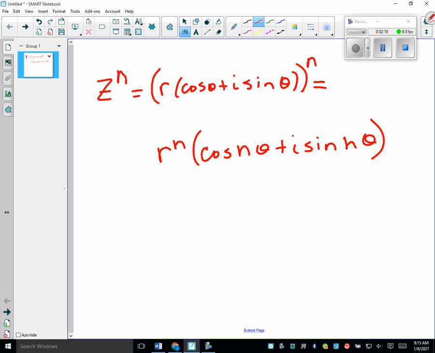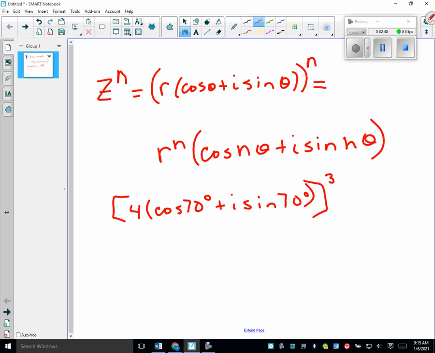So, you ready to work one? If I have 4 cosine 70 degrees plus i sine of 70 degrees, this whole thing is raised to the third power. All right?